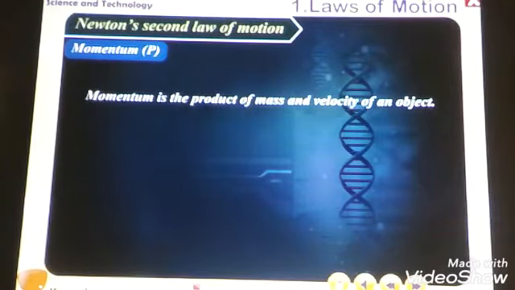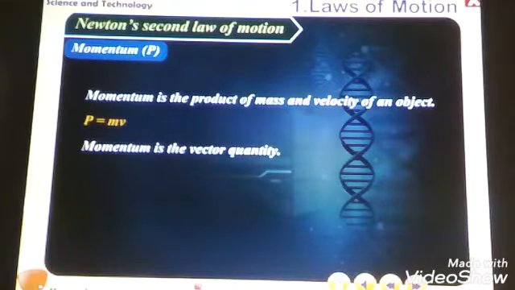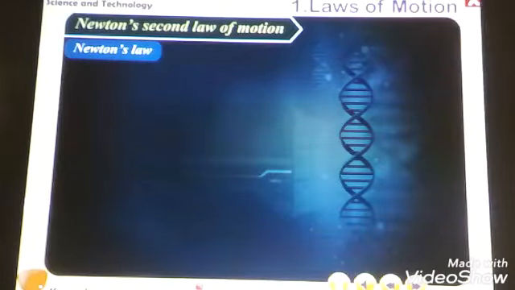So this momentum is represented with the symbol P and its relationship can be written as P equals m into v. The momentum is a vector quantity because it has its direction.